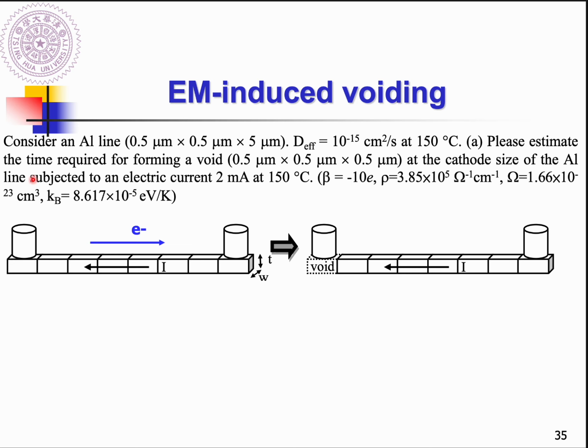So based on the time, you need to think about it: in order to calculate or estimate the time, you need to know the flux. For the void formation, you need to know the JV, right? So how to estimate the time required? First of all, you need to know the size, the diameter of this void, divided by, if you know the vacancy flux, right?